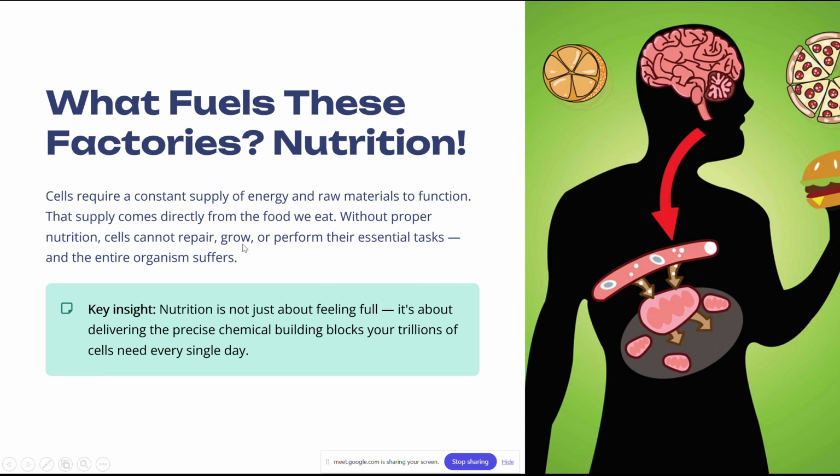Which is why when someone is malnourished, you see retarded growth in such a person. It's because the growth of the cells themselves has been affected, let me put it that way. They won't be able to perform their essential tasks, and the entire organism suffers.